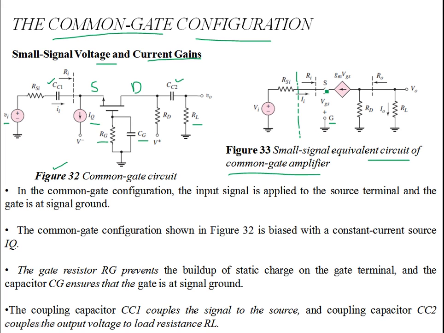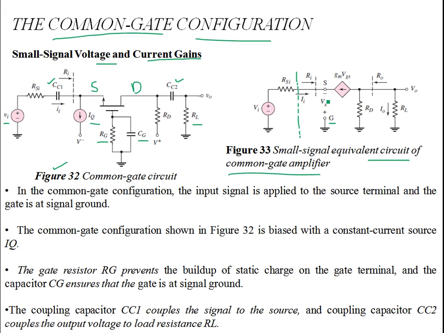This is your gate. So the direction of the current, if you notice over here, it's out of the source. So it's coming out of the source and then it's into the drain. So from the drain, it's going out of the source. So the direction is as such. So for the transconductance amplification, you have this gm VGS. VGS is the input AC voltage.